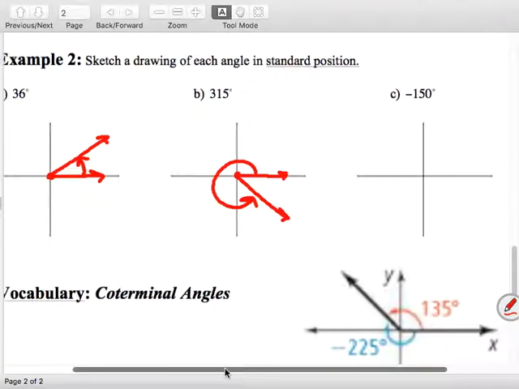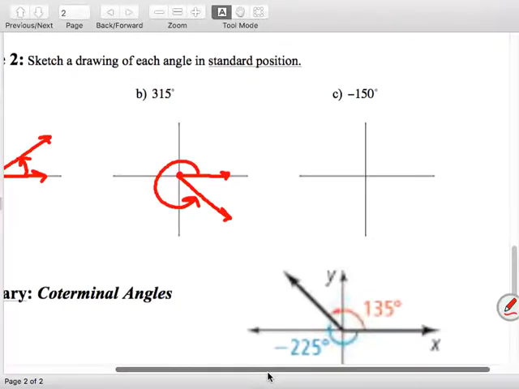All right, negative 150. Uh-oh. What do we have to do with a negative angle? Go clockwise. All right, so here we go. I'm going to start with my initial side, and let me explain something with negative rotations. I go clockwise, and it goes negative 90, negative 180, negative 270, negative 360.